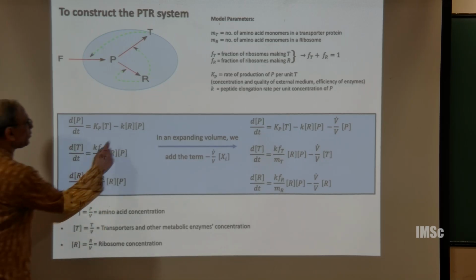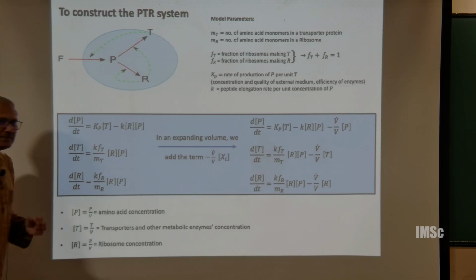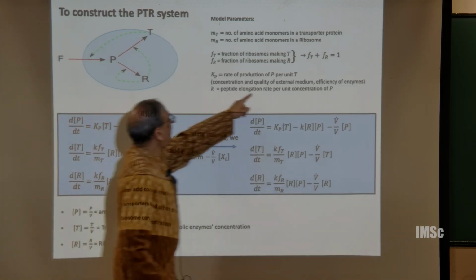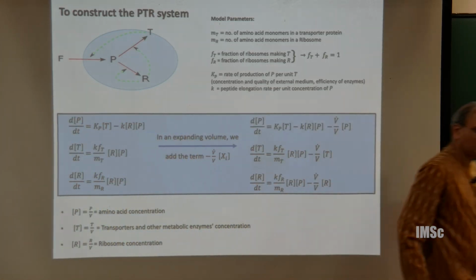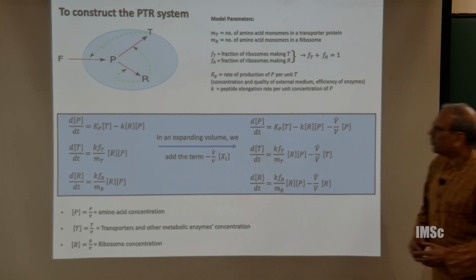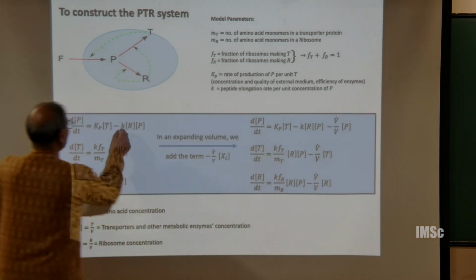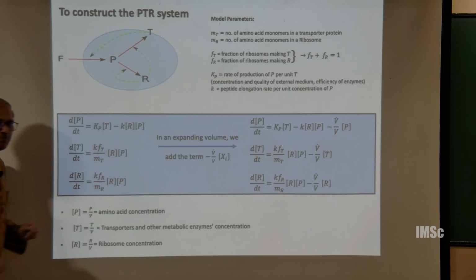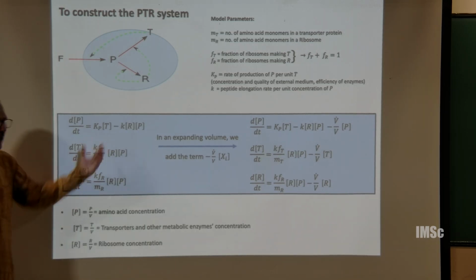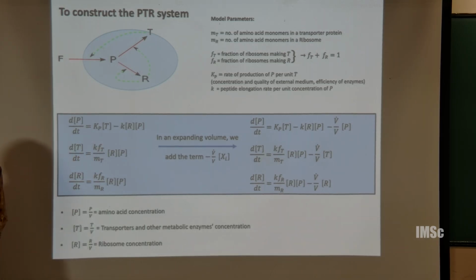And so what is this little k? This little k is the peptide elongation rate per unit concentration. So think of little k times the concentration of P as the rate at which ribosomes are adding amino acids to a growing protein chain.